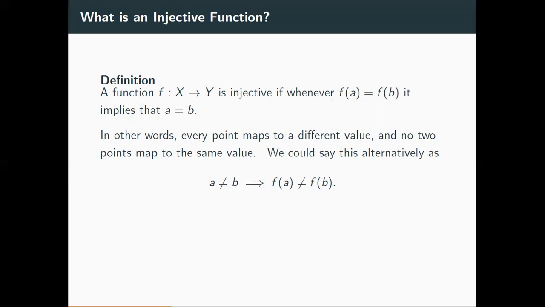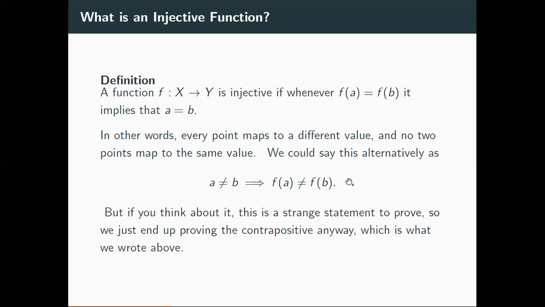So even though this is the more natural statement when you talk about an injective function, this statement is the one that's easier and more natural to prove. And that's why we have this as the definition of an injective function, even though it's equivalent to this other definition. And that's what I mean when I write the sentence.